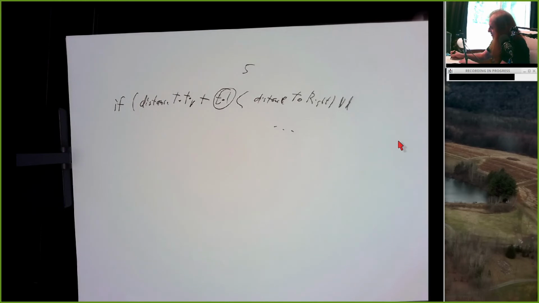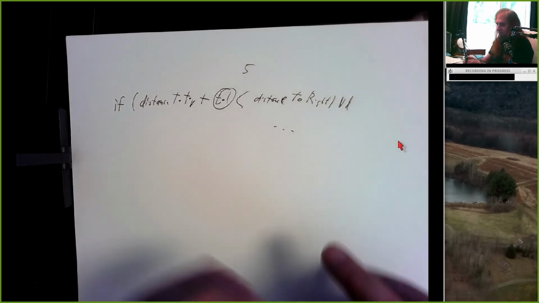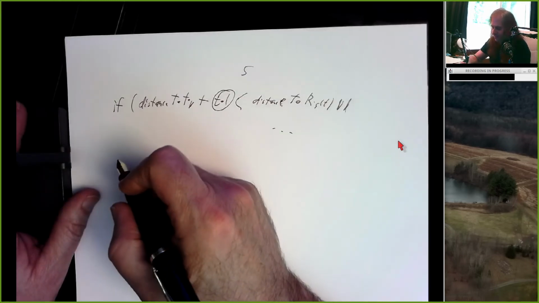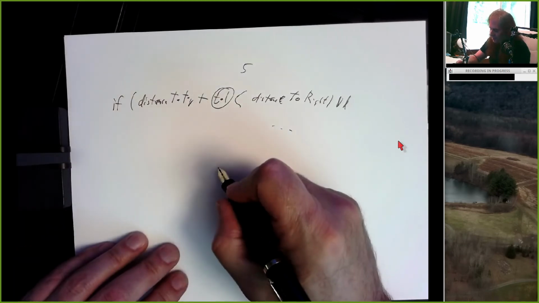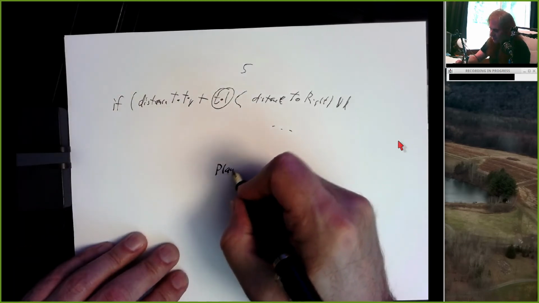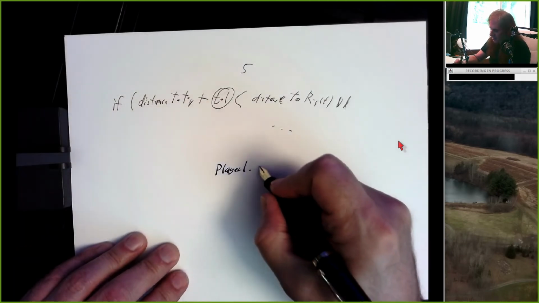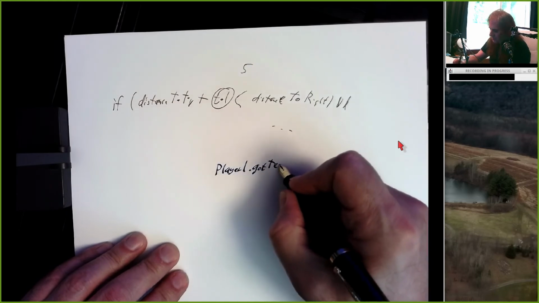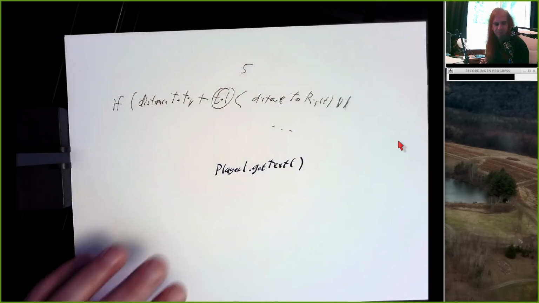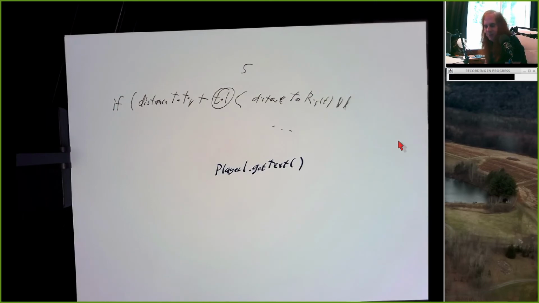Let's suppose you have a text field that stores each player's name. So you could do player1.getText. That returns a string showing you the name of player 1 that was entered in their text field.